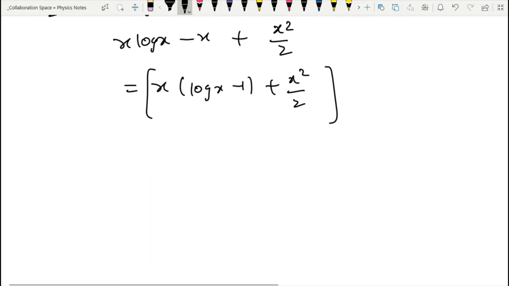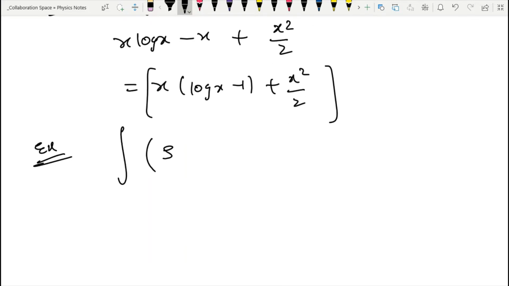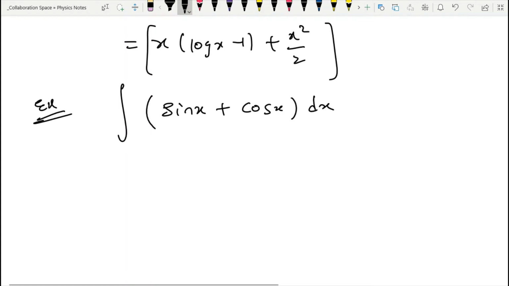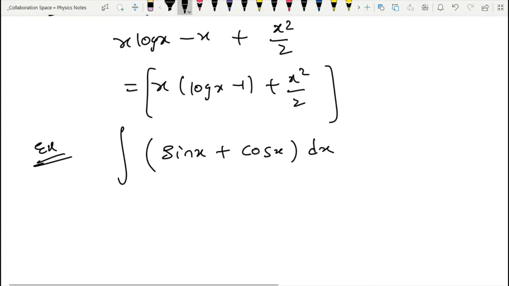Let us move to the next question. What is integration of sin x plus cos x dx? What is integration of sin x? What is integration of cos x?